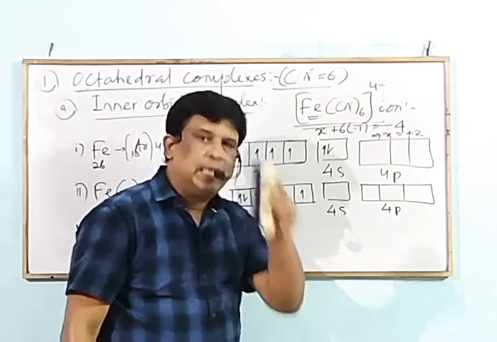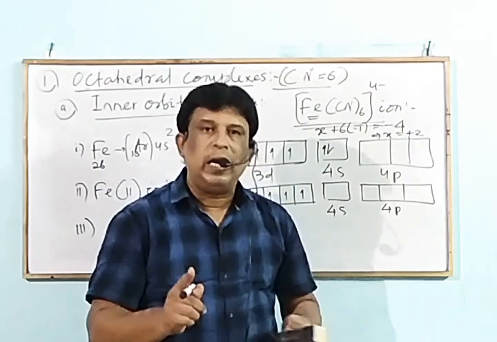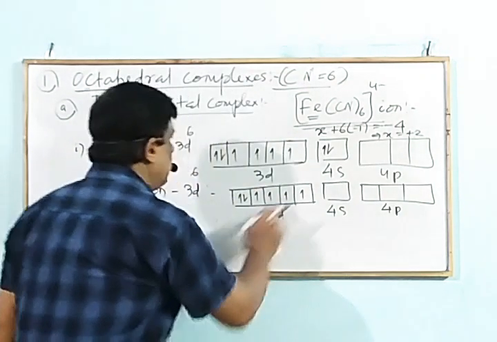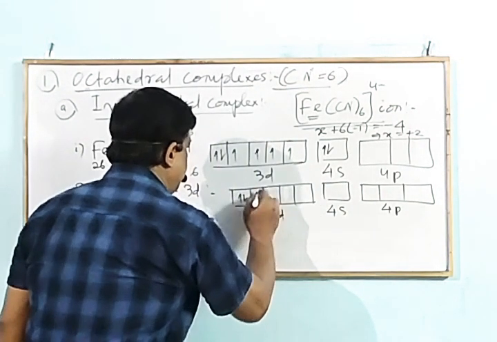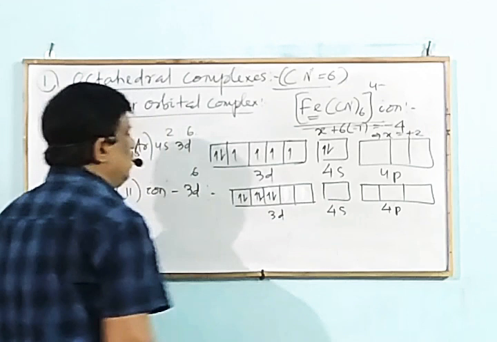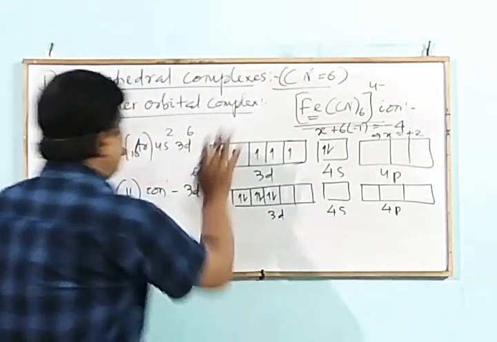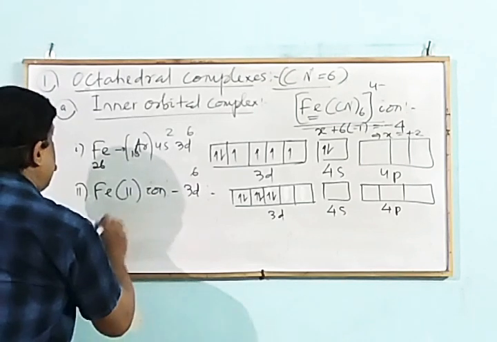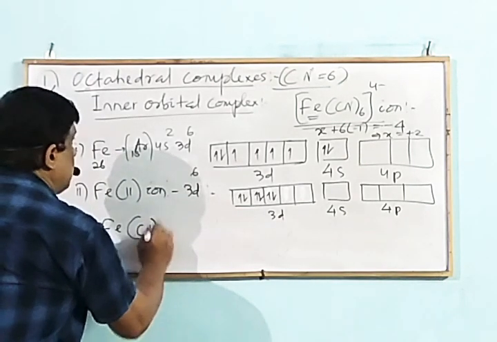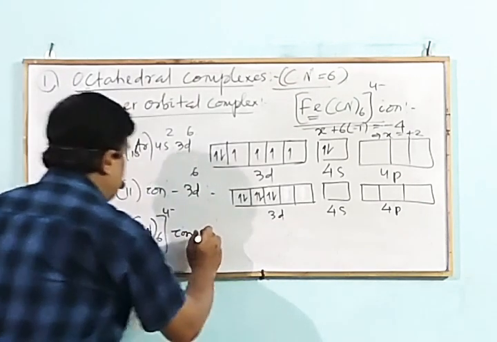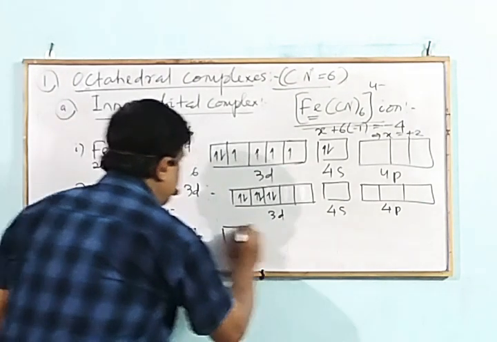So one point is there, in presence of a strong field ligand, the unpaired electrons get paired off. So what happened? These paired off, making 2 vacant 3d orbitals. So 6 ligands are there, in [Fe(CN)6]4- ion. So what do we observe here?